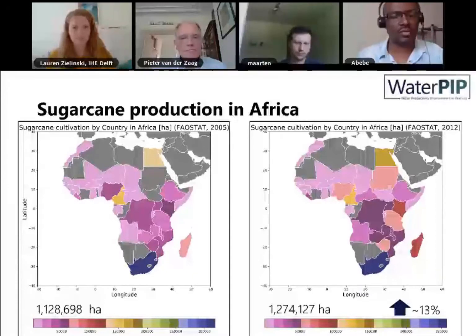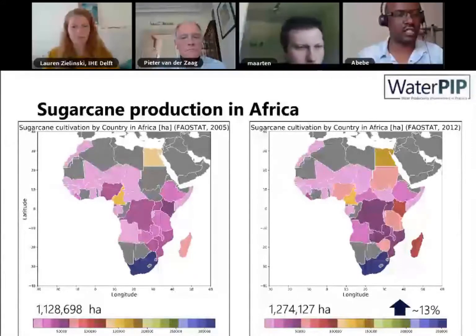But on the right, in 2012, there are areas which start to cultivate. In both graphs, the country in Africa with the largest sugarcane coverage is South Africa. But coming to the main question, there is expansion.